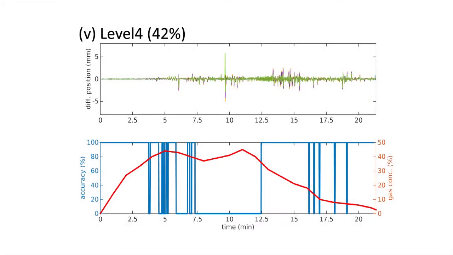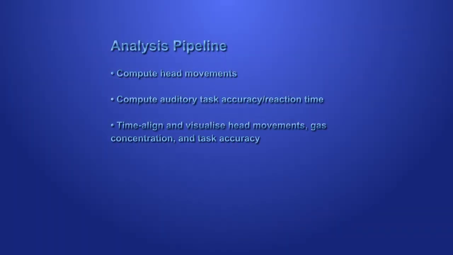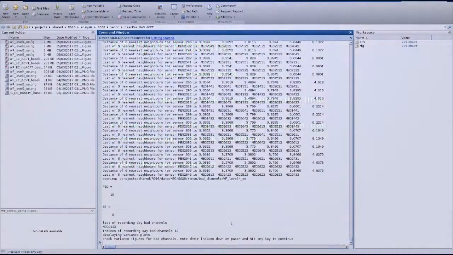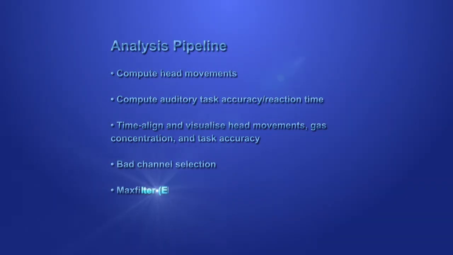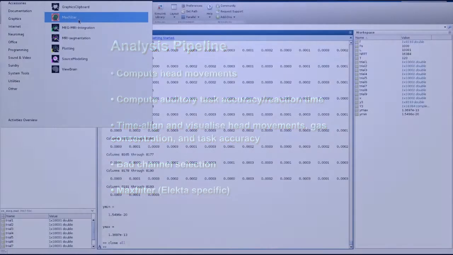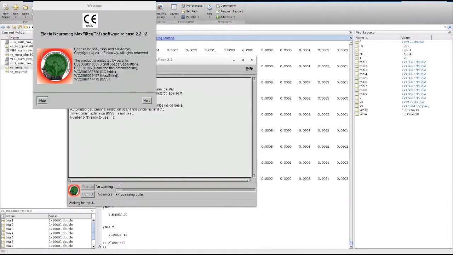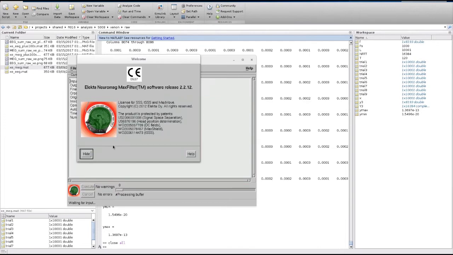Pre-processing of the MEG and EEG data initially involves selection of bad channels. This is followed by the use of Elekta's Maxfilter software to remove artifacts from the MEG recording due to external sources.